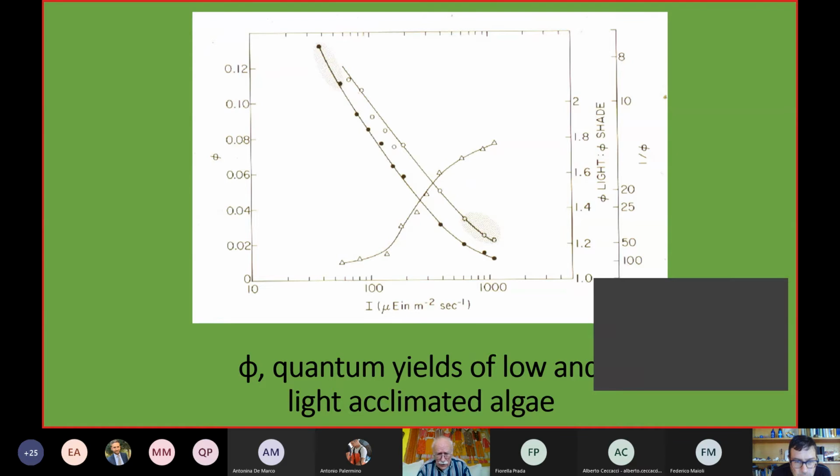You can see that at the lowest light intensity, and look now at the extreme right, you need only 8 photons to assimilate 1 molecule of CO2, or 8 photons to emit 1 molecule of oxygen.